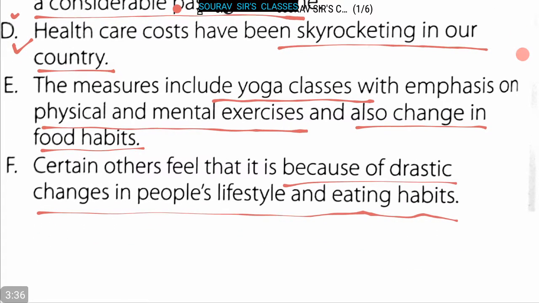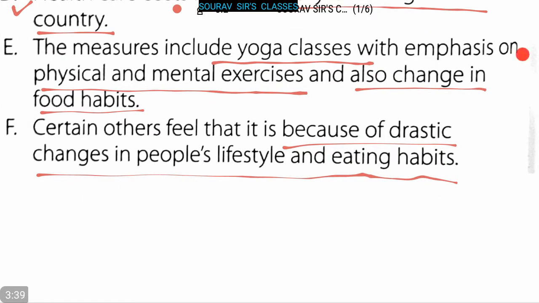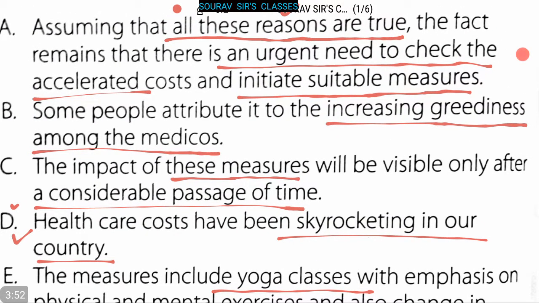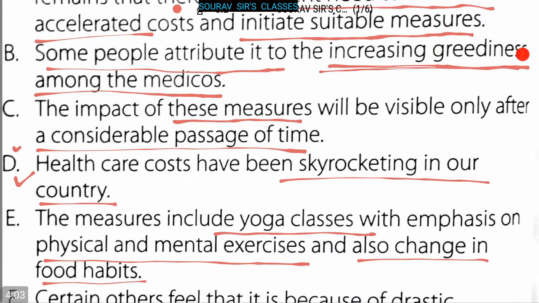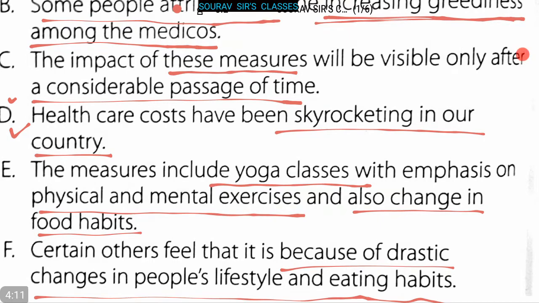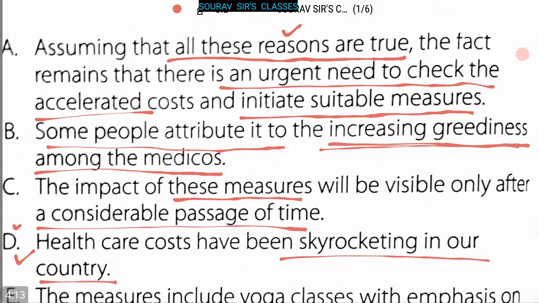So it must be D first, that is, healthcare costs have been skyrocketing in our country. Now option B: some people attribute it to the increasing greediness among the medicos. So this may be the second sentence. Let's take B as the second one and see if it can form a proper sequence or not.